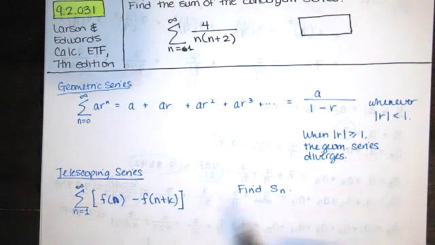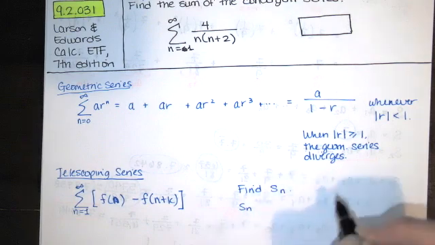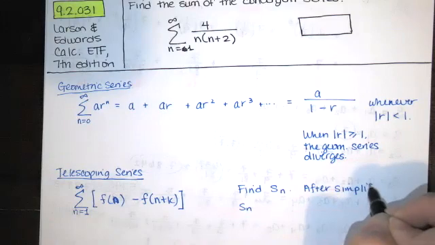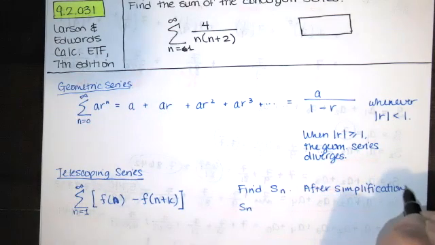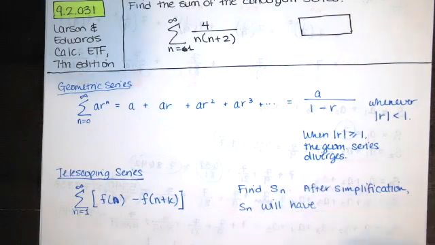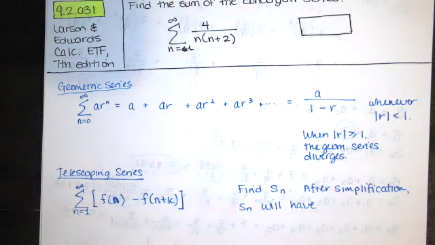For a telescoping series, S sub n, after simplification, will have a finite number of terms. They always have at most n terms, if we're thinking of this as the nth term. But it's going to be generally the same number of terms every time.